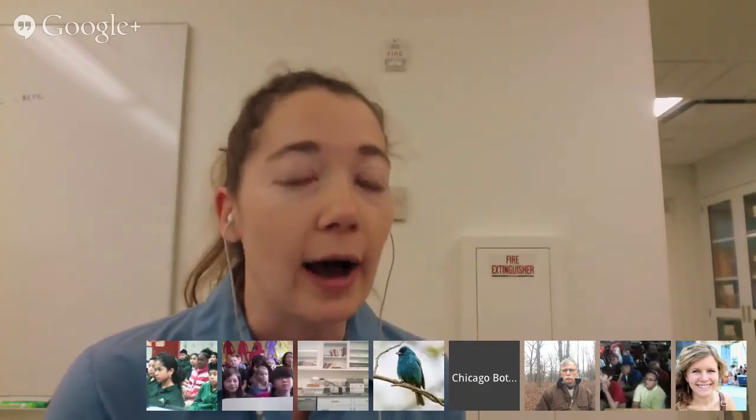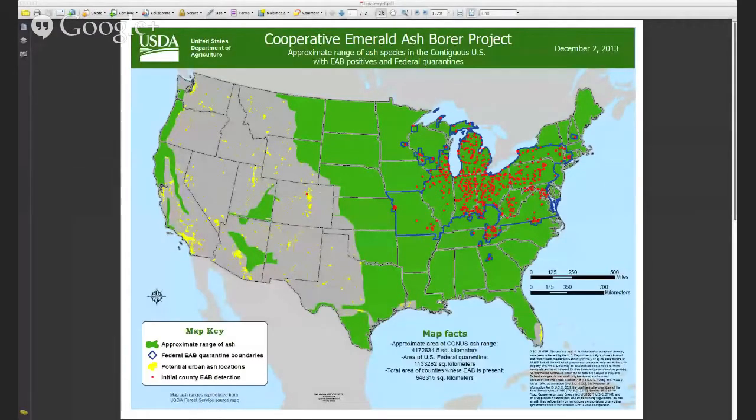I want to show you a couple of different maps today looking at the emerald ash borer, and I have one map that we want to pull up now that talks about the spread of the emerald ash borer. GIS and geography are really powerful tools for looking at different conditions and changes in the environment.